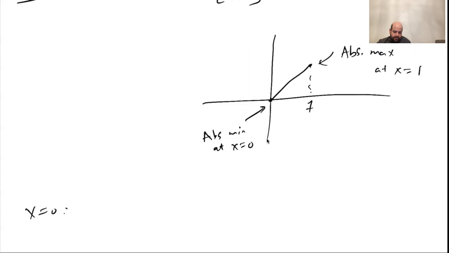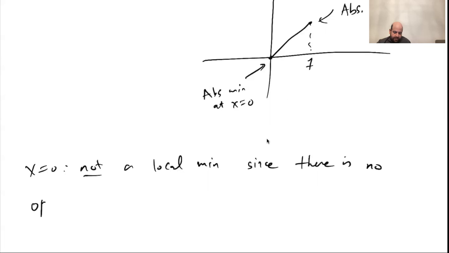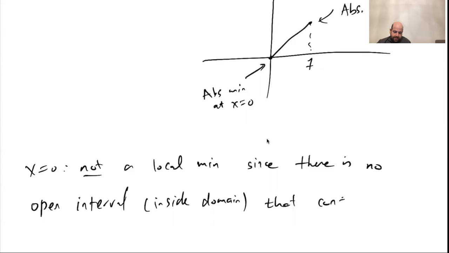x equals 0 is not a local minimum, since there's no open interval inside the domain that contains x equals 0.